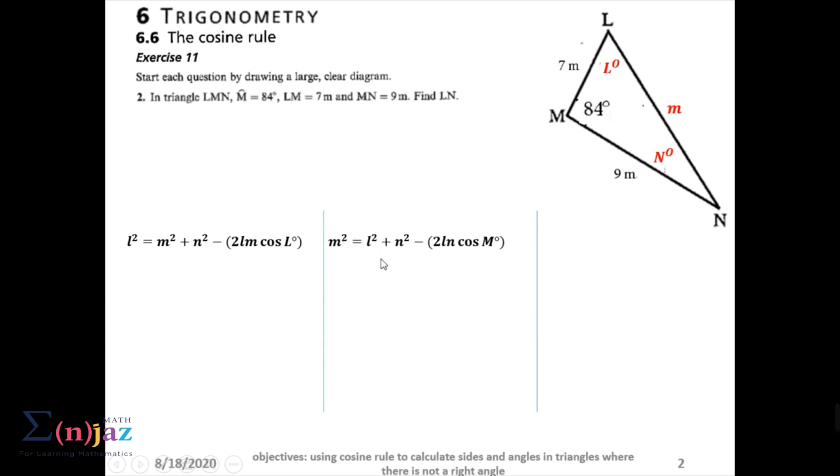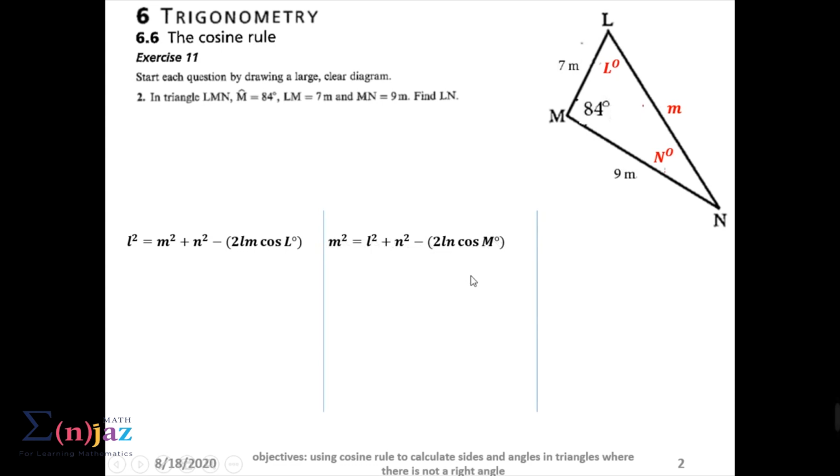L and N. L squared plus N squared minus, inside the brackets, 2 times L times N times cosine M.